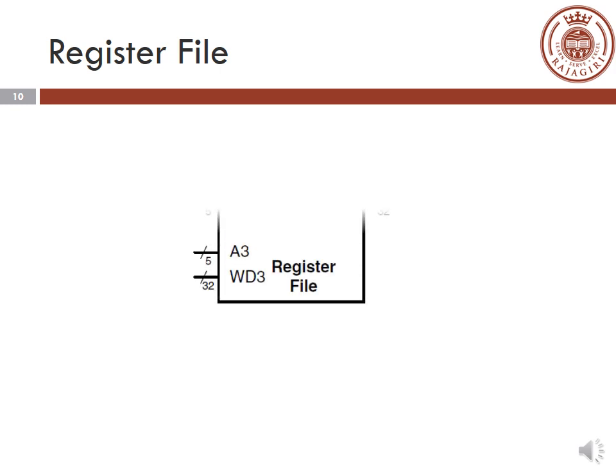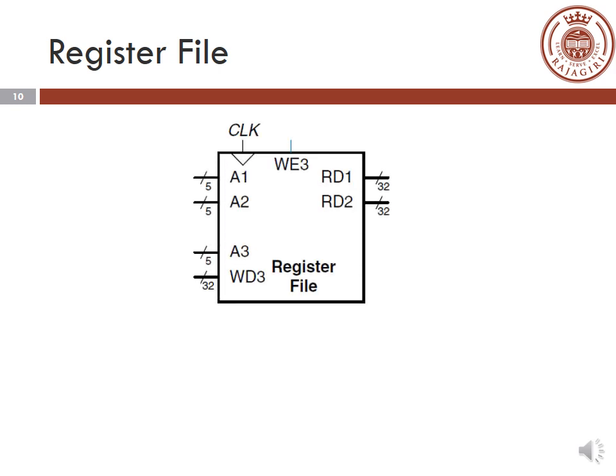Okay, so the next state element to be considered is your register file. The register file is basically a state element in MIPS architecture which consists of 32-bit registers. So in MIPS architecture you have 32 registers of 32 bits, stored in an element called the register file.